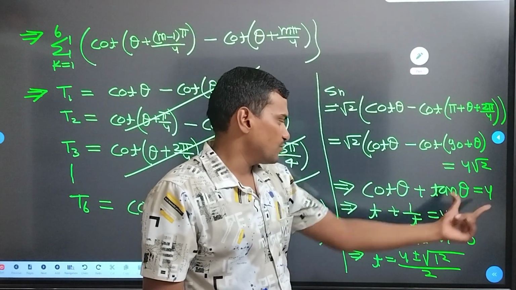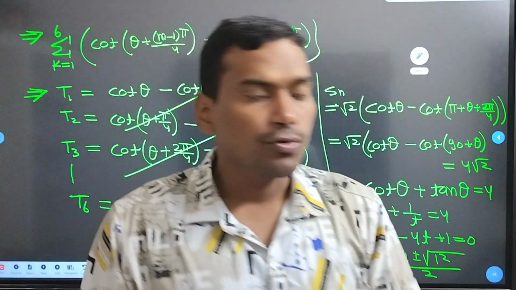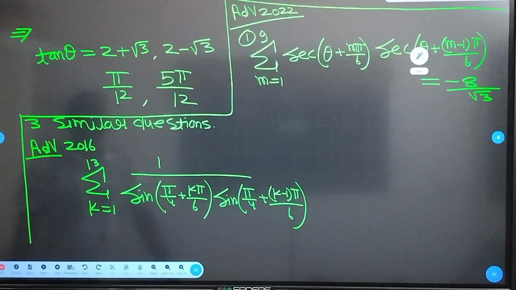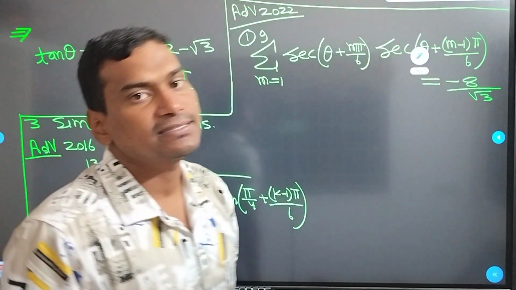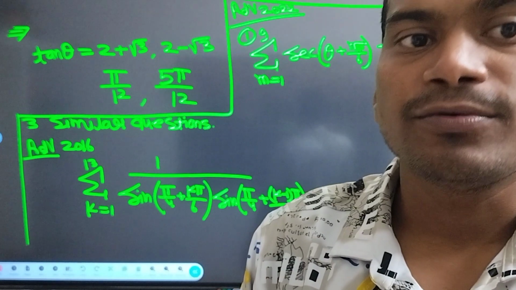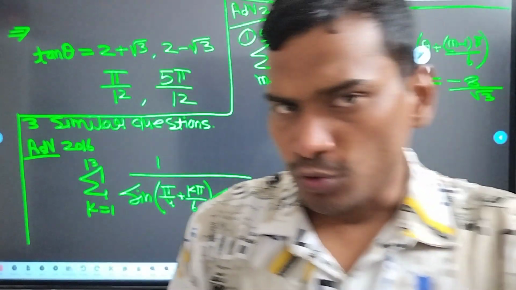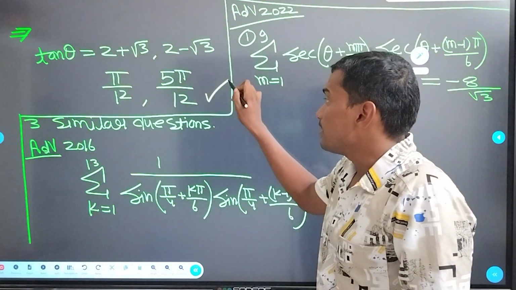So cot plus tan is 4. We are solving, tan theta is equal to t, a quadratic equation. We are getting the roots of the quadratic equation as 2 plus root 3, 2 minus root 3. And tan theta equal to 2 plus root 3 is 75 degree. 2 minus root 3, 15 degree. So we got the angles. This is our answer.